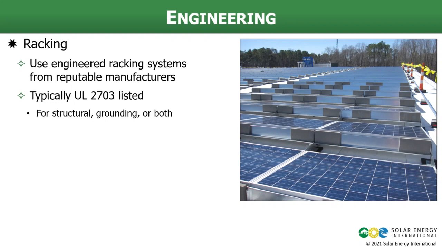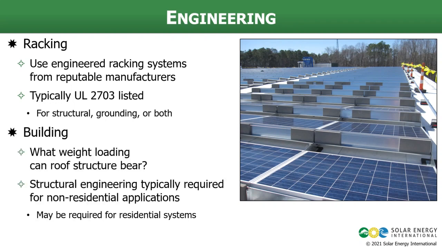So use a good racking system. Pick one that works for you, both for your location, your environment, the modules that you're using, the type of roof that you're working on. There are options for every roof type. There's really no excuse not to use a proper engineered racking system.